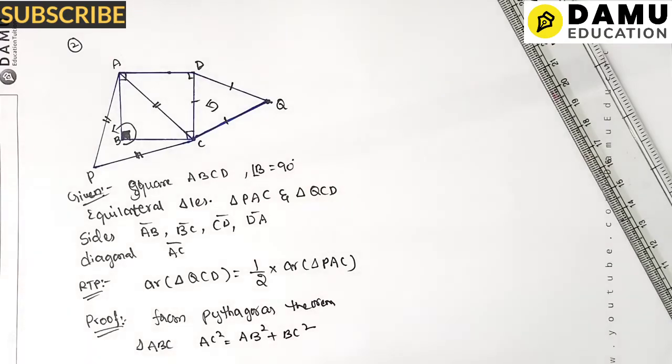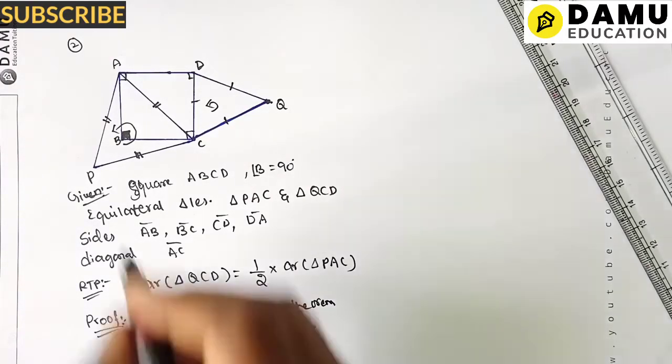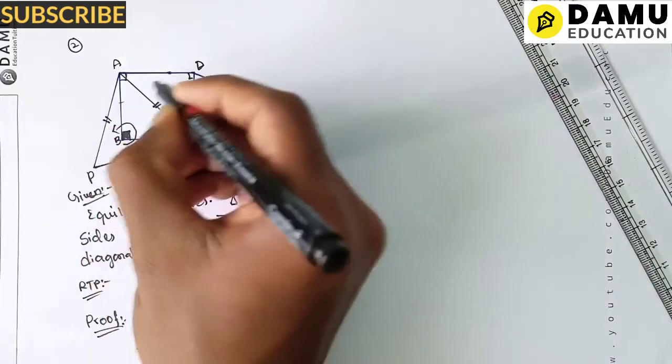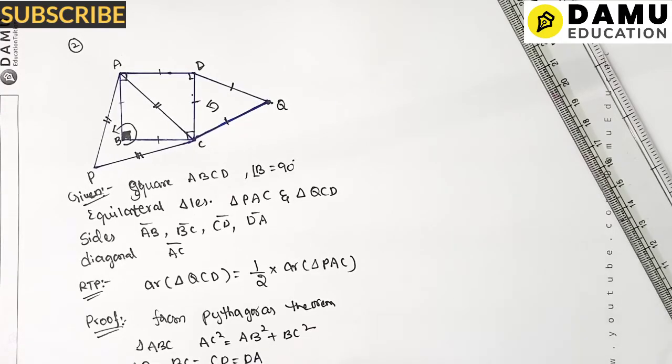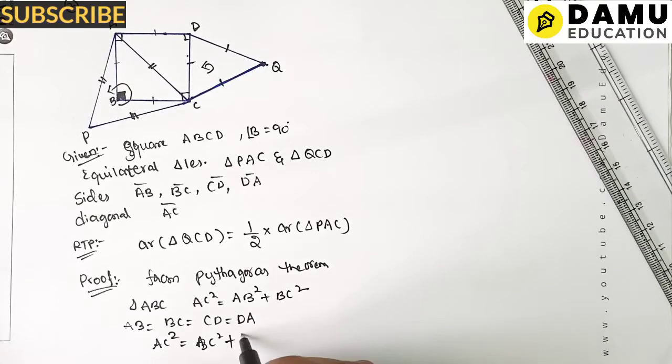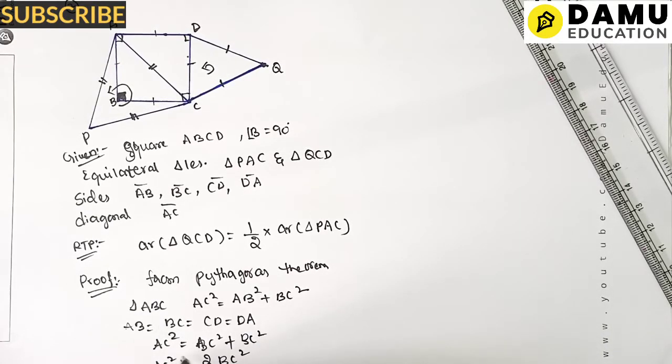So here you can take that all the sides of the square will be equal. That means AB will be equal to BC, equal to CD, equal to DA. That means AC square will be equal to AB square plus BC square, so BC square plus BC square, that is 2BC square.